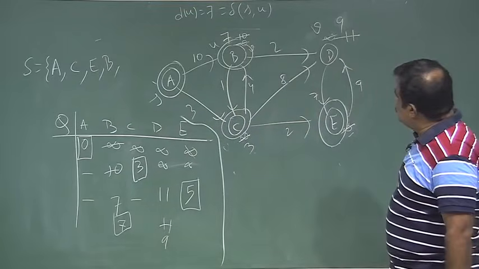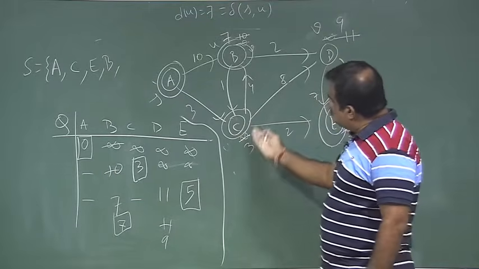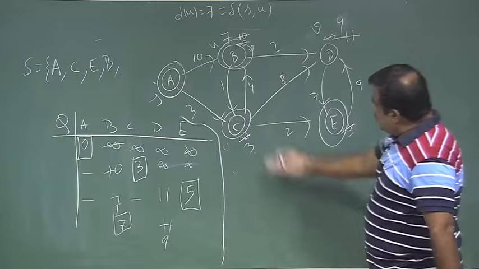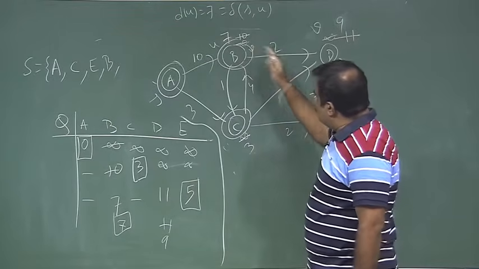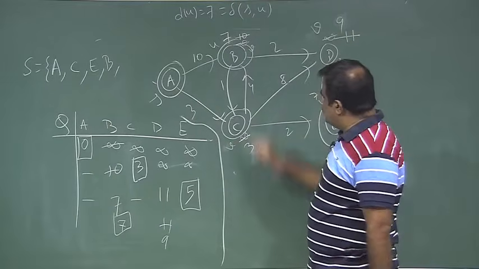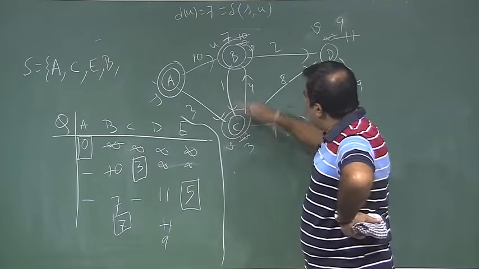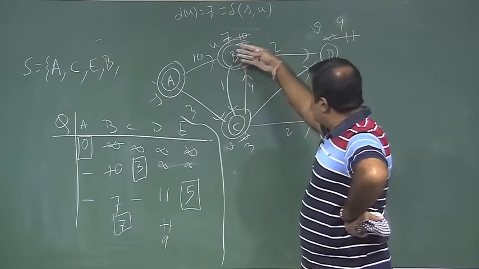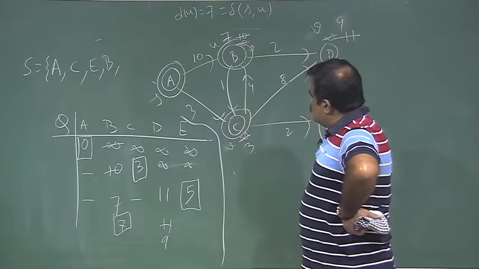And is there any other adjacent vertex of this? Yes, this is one adjacent vertex of this, but this is already captured in S. But again we can cross-verify, because we are getting another path. This is also a V which is an adjacent vertex of this. Now we are getting another path from S to V, like we go from S to U some way, that will cost us 7 plus this 1, so 8.